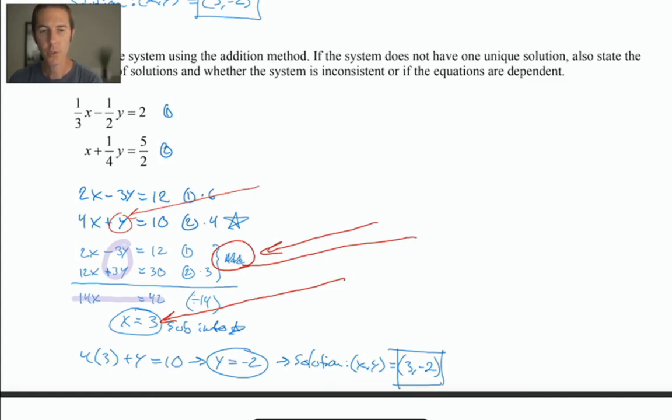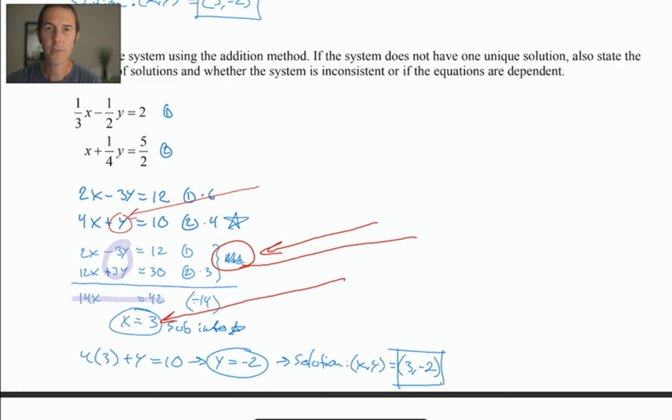So this addition process could deliver you to an individual unique solution like 3, -2, or you could arrive at something contradictory like 0 equals 3, which is inconsistent, there are no solutions, or you could end up with 0 equals 0, which is consistent but dependent, because it means that your two equations describe the same line and you have infinitely many solutions. All right, those are the three scenarios.